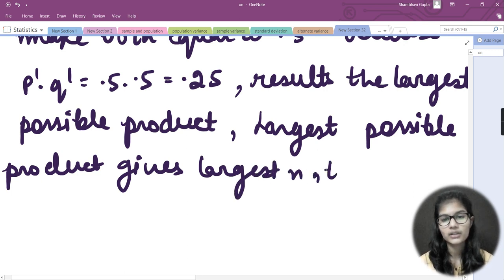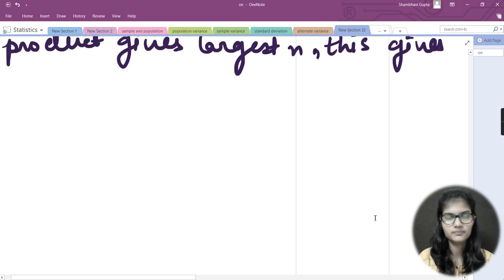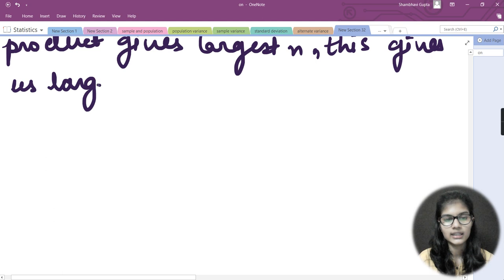And this largest n value gives us a large enough sample.